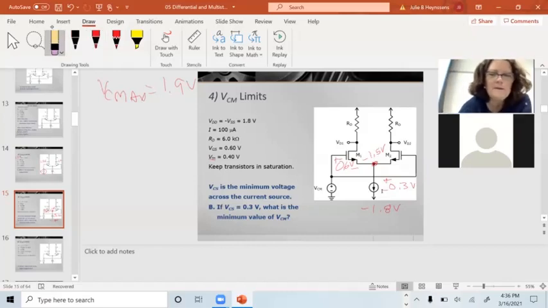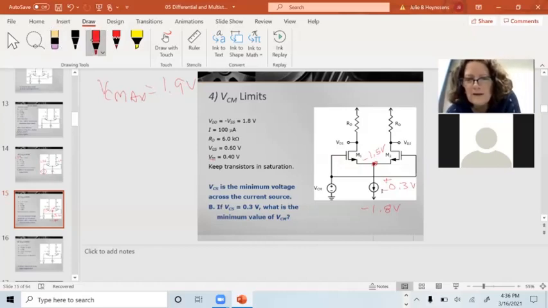I know what I did. Let's just ignore this for a minute. The minimum value of VGS I can have to keep this transistor on is VT, 0.4 of a volt. So I go 0.4 of a volt above that. The very minimum value I can have here is negative 1.1 volts.